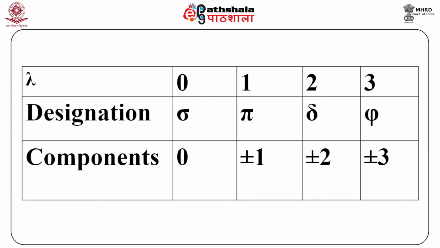If the lambda value is equal to 1, the angular momentum quantum number is equal to 1, we designate it as a pi orbital, and the components can be plus 1 and minus 1, not 0. So, there are only 2 components. Similarly, for delta, lambda is equal to 2, and then you have plus and minus 2 values, and similarly for lambda equal to 3, it is a phi state with components plus minus 3.